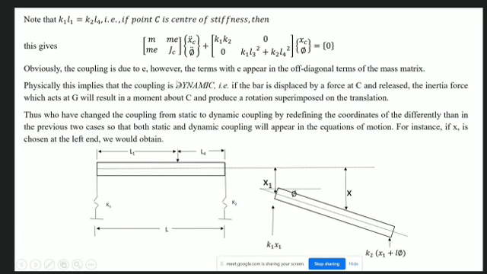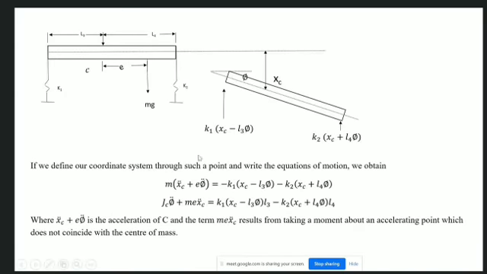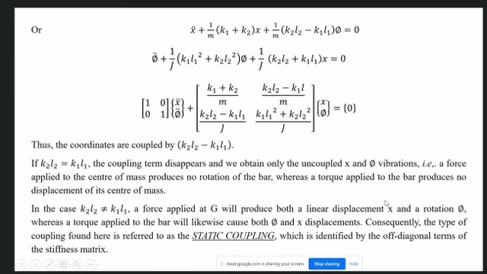It is not the general situation. Actually, there should be terms involving K1 and K2. But particularly you see here, if K2L2 equal to K1L1, then these coupling terms will become zero.